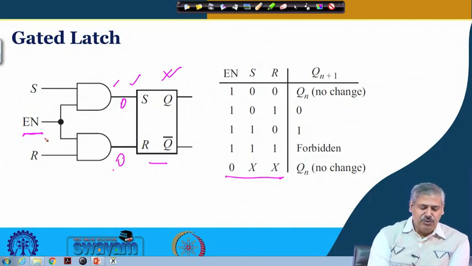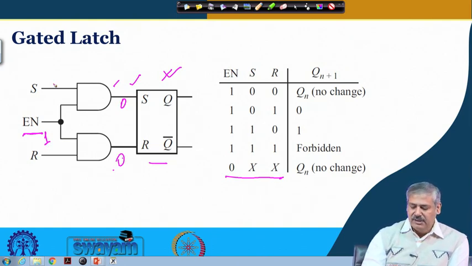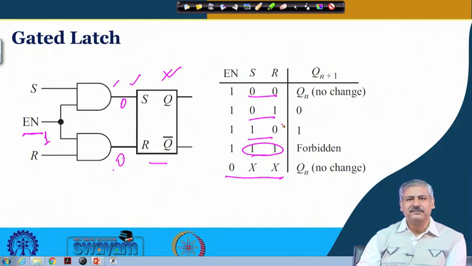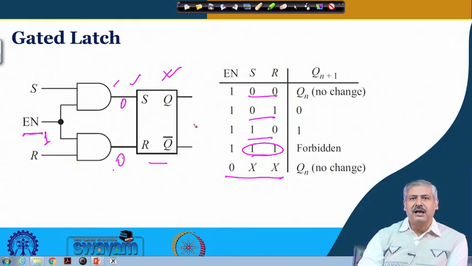And when enable is 1, at that time, depending on whatever the SR value is, the normal action takes place, with 1 1 being forbidden, of course. Is it clear? So, we are not allowing the SR input to affect the final output all the time.